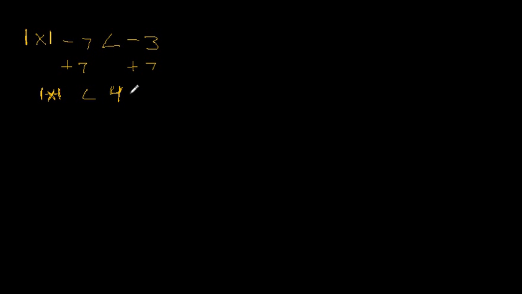Okay, so the absolute value of x is less than 4. Once I get to this point, I want to think the distance from x to 0 is less than 4 units.